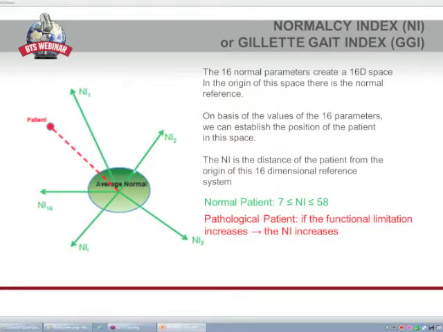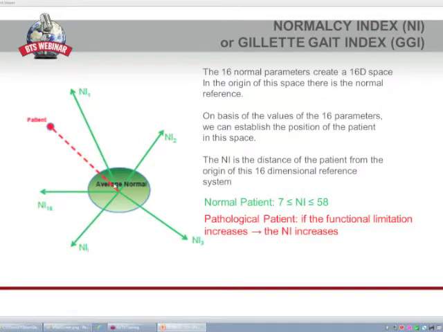In general, the 16 parameters create a 16-dimensional space where the origin is the normal reference. Depending on the values of the 16 parameters, we can establish the position of the patient in this space.